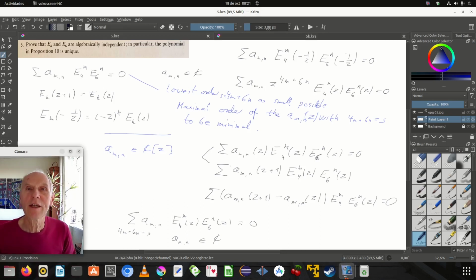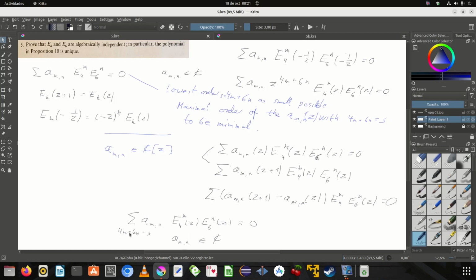Now it's Wednesday, October the 18th, and I've just finished my breakfast, and I think I solved the problem during breakfast. What I did was to look at a concrete example of this relation.